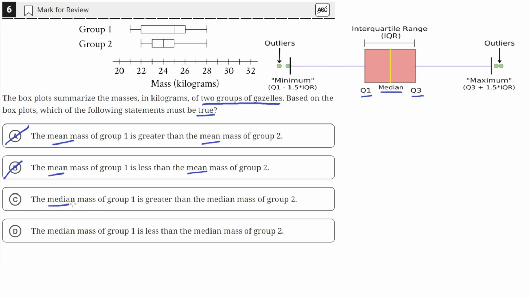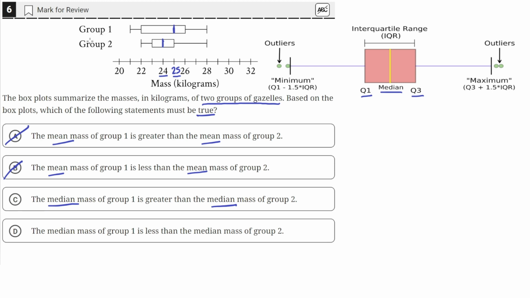The median mass of group 1 is greater than the median mass of group 2. Okay, so the median of group 1 is this line right here, which looks to be at a mass of 25 kilograms. And then the median mass of group 2 is right here, which looks to be at 24 kilograms.